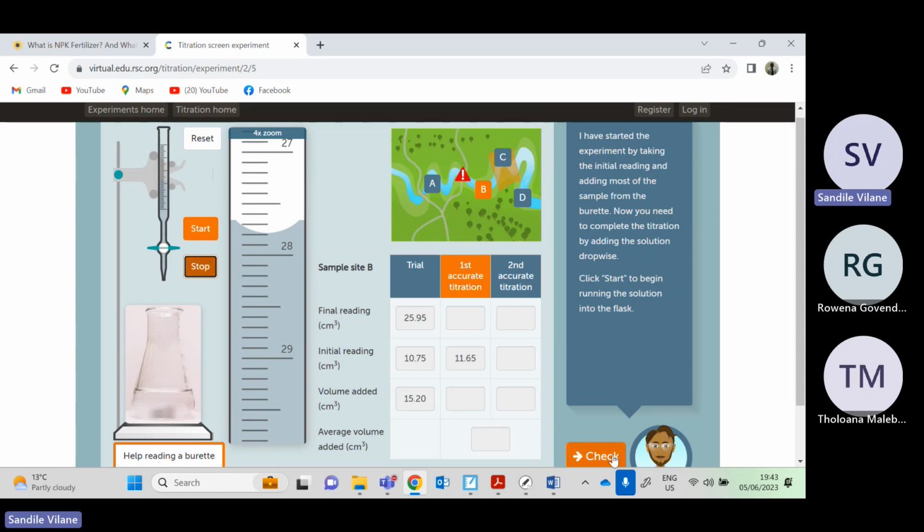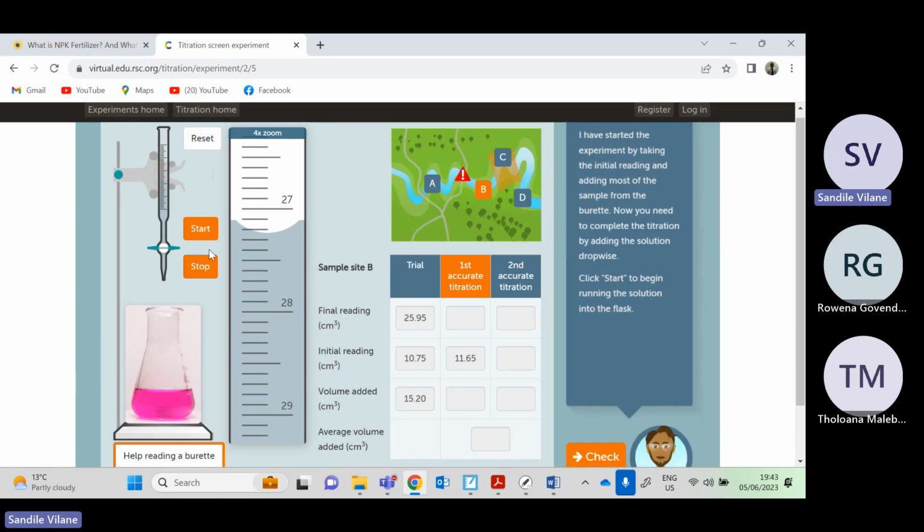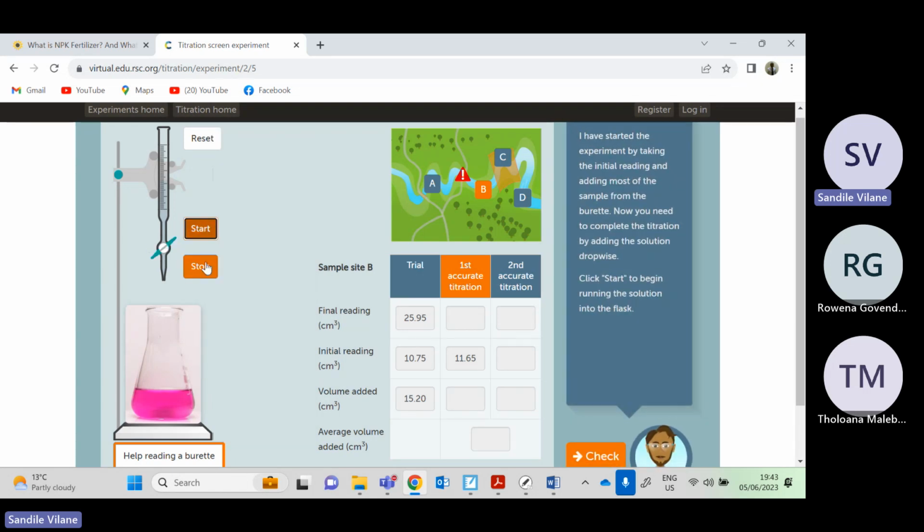Okay, let's check. No, you added too much sample. Try when the color changes. Okay, let us redo that. Restart. We have added too much. We have over titrated. Okay, let's redo this.